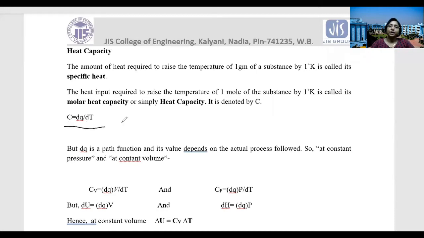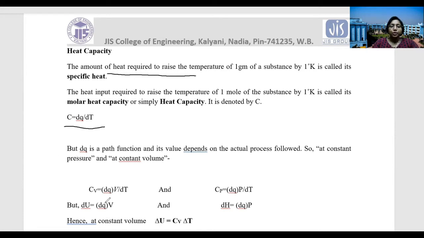Okay, so you have understood what the heat capacity is: the amount of heat required to raise the temperature of 1 gram of substance. If we take a unit amount of substance and increase the temperature by 1 degree Kelvin, then the amount of heat required is called the heat capacity.